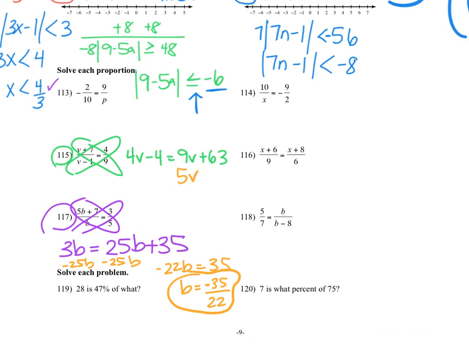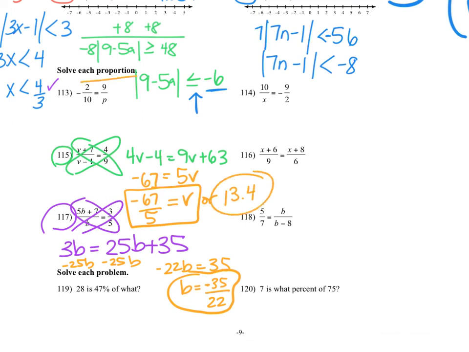And then I'm going to subtract 63 from both sides and I get -67, and so v equals -67/5, or -13.4. Okay, so any proportion problem, you are going to be cross multiplying.